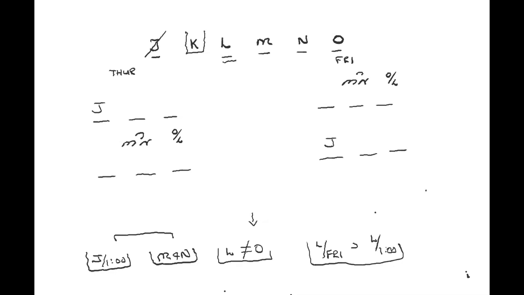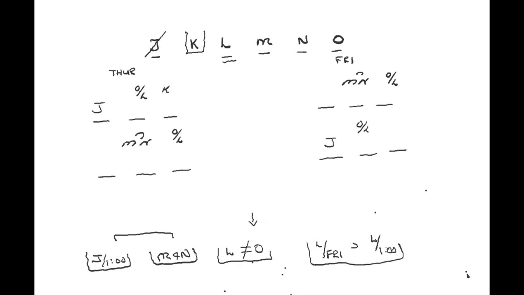Now I go to the J, and the J is going to get either the O or the L. And again, this is not reflective of the time that they go, just of the day they are on, other than J. And the O and the L are going to have to be joined by the K. And really, that's it.